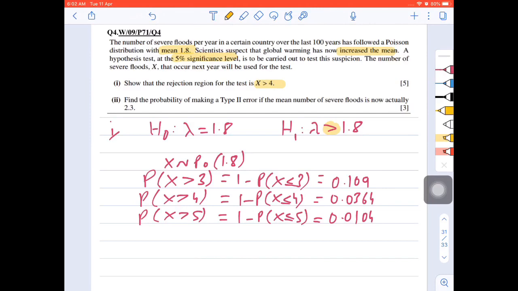X greater than 3 is more than that, so this is wrong. X greater than 4 is correct. It falls inside the range. X greater than 5 is less than that, so this will also be rejected. So it has to be X greater than 4.